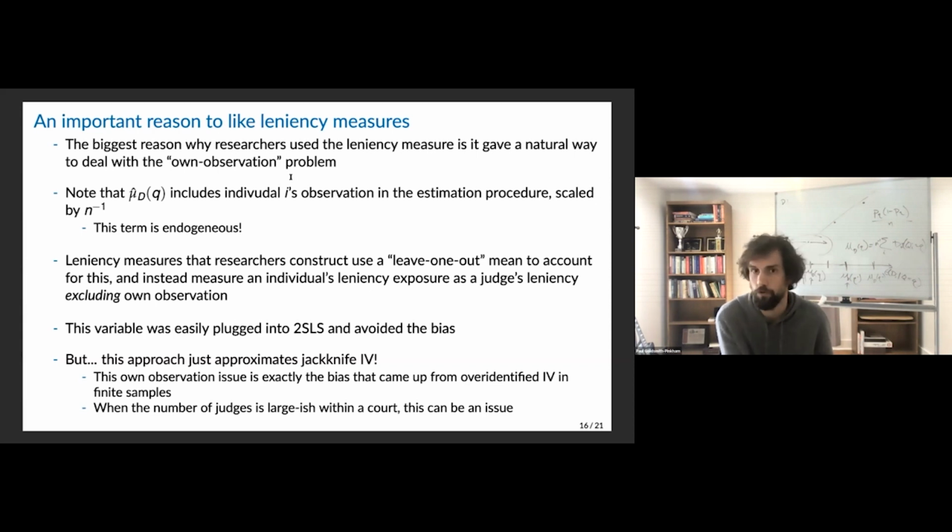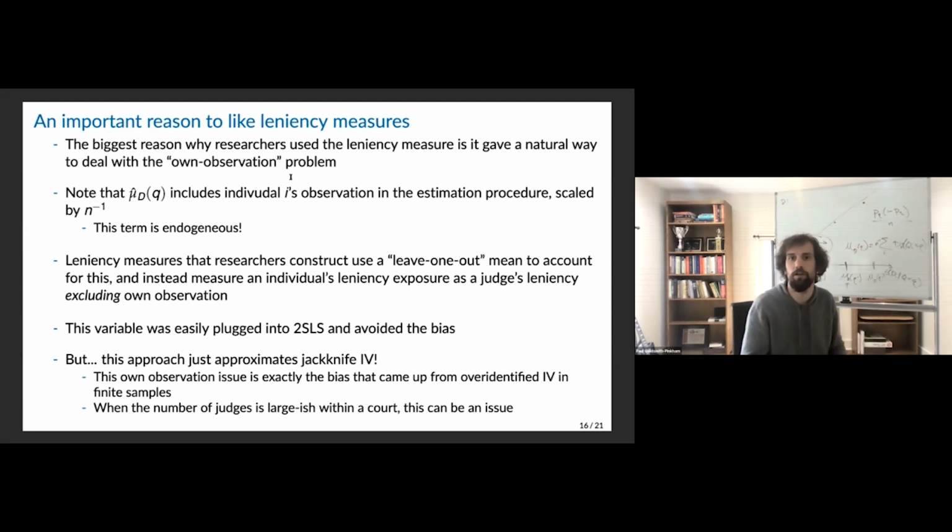It's trivial to do: you take the mean and multiply by N, which deals with this, then subtract off your own observation and divide by N minus 1. That gets you your leave-out leniency, which varies slightly for each person.